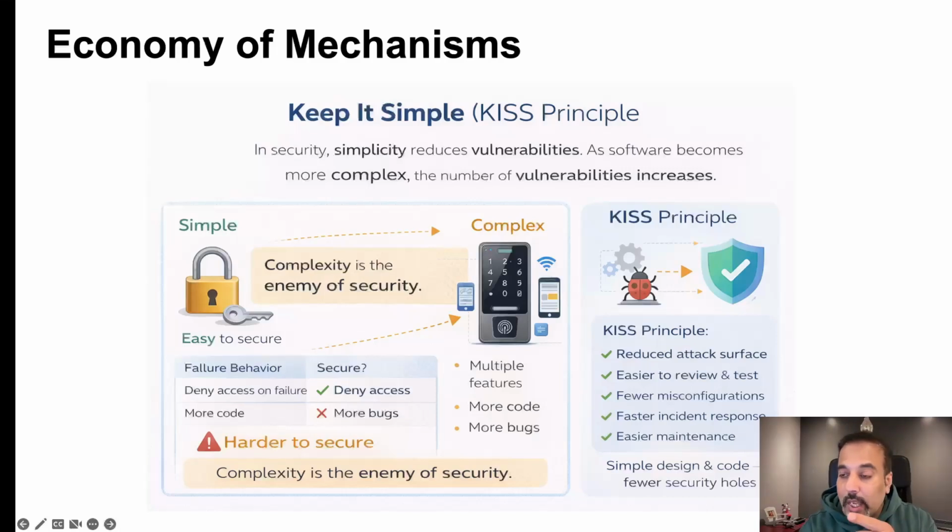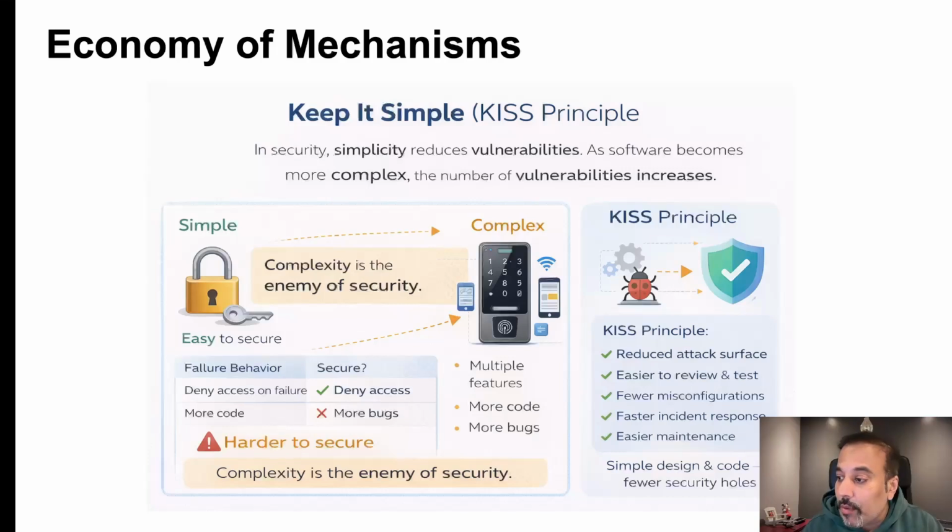So when we are designing an application, we always try to keep it simple, so that there are fewer chances of breaking things. One of the points which I have right over here is reduce attack surface. That is a very important principle when you're designing, to reduce your attack surface as much as you can.